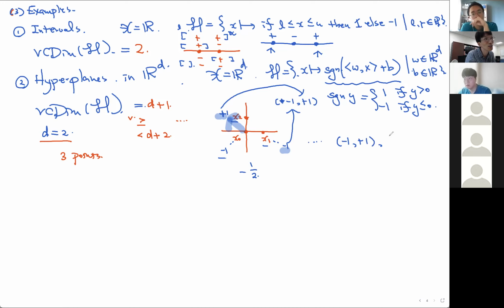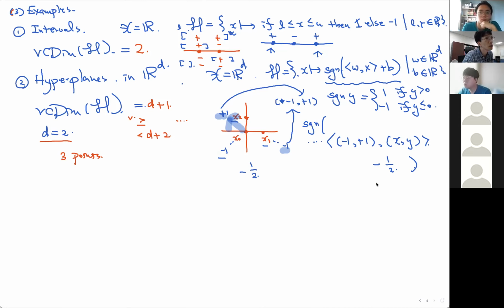I'm laughing because I thought this is more intuitive, but it looks like it's not. So this means that our line will be drawn on this side.